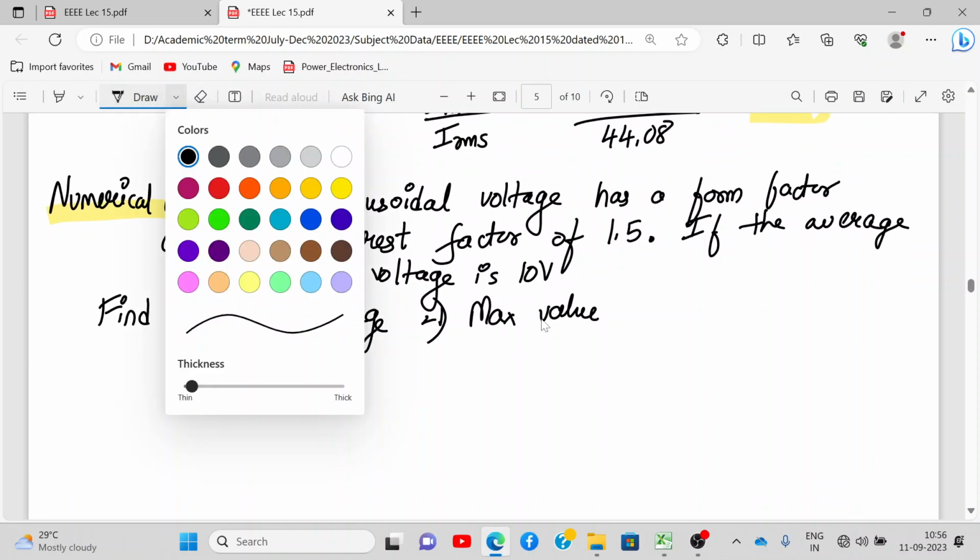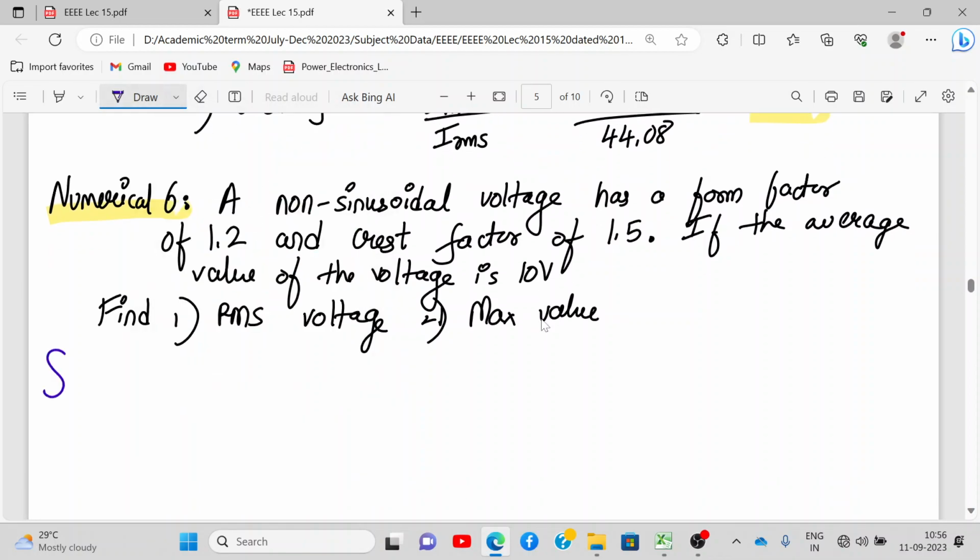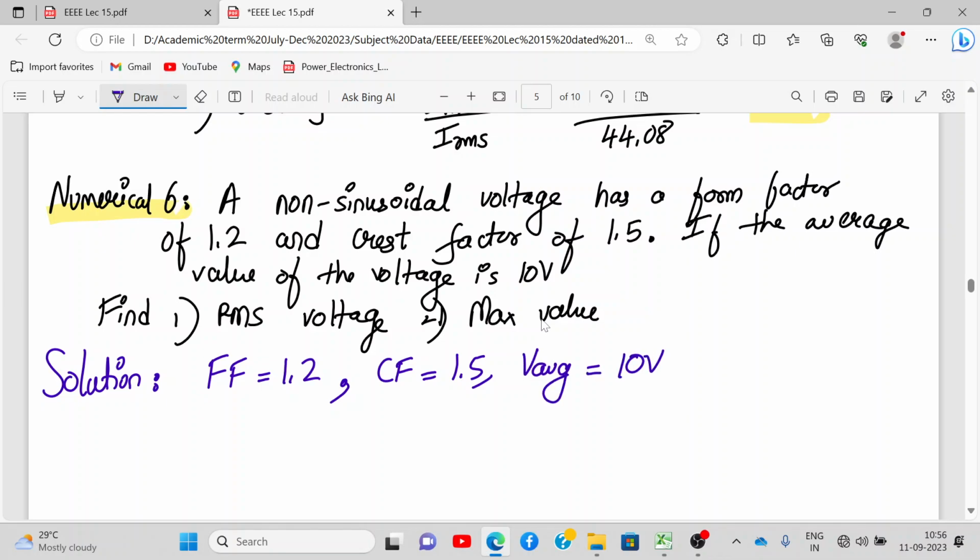Now tell me what is given data. What is given to us? Form factor is given 1.2, crest factor is given 1.5 and average value is given as 10 volt. And what are we supposed to find? VRMS and VM.